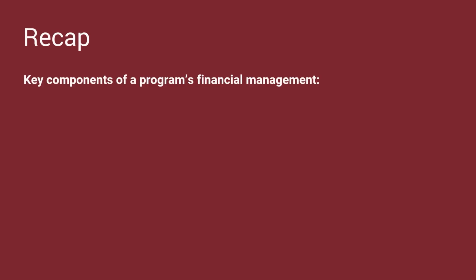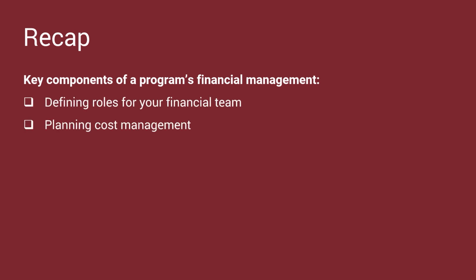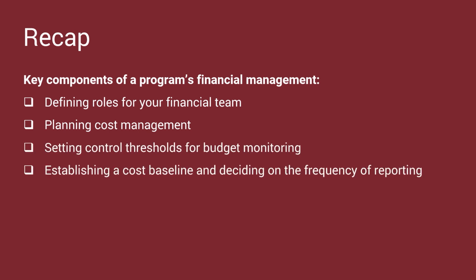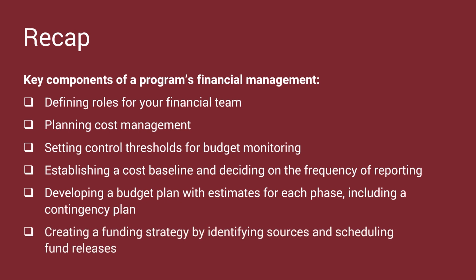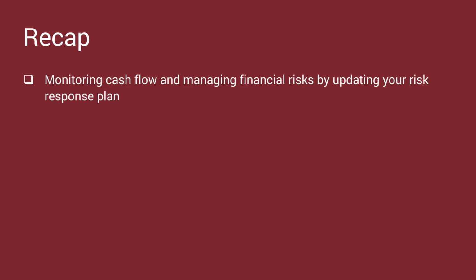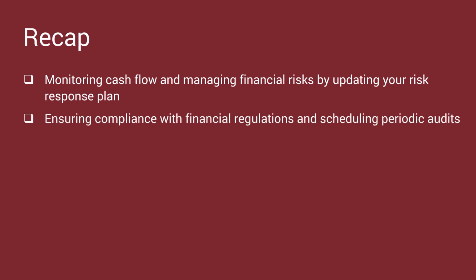In this video, you learned about the key components of a program's financial management plan, including defining roles for your financial team, planning cost management using techniques like three-point estimation, setting control thresholds for budget monitoring, establishing a cost baseline and deciding on the frequency of reporting, developing a budget plan with estimates for each phase, including a contingency plan for unexpected expenses, creating a funding strategy by identifying sources and scheduling fund releases, monitoring cash flow and managing financial risks by updating your risk response plan, and ensuring compliance with financial regulations and scheduling periodic audits.